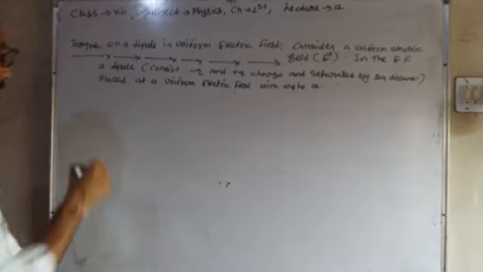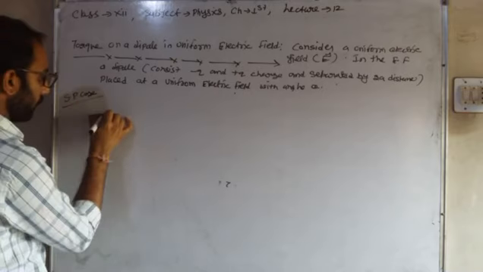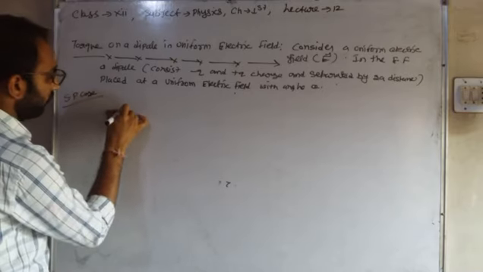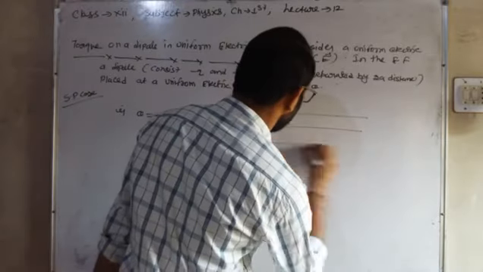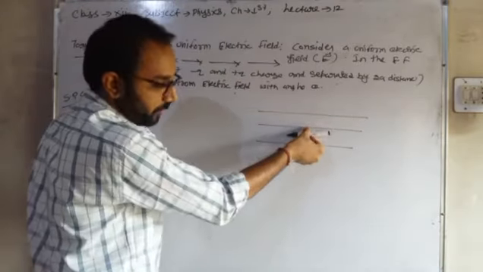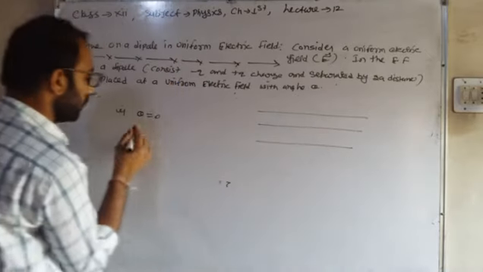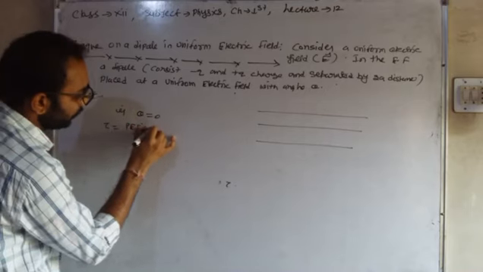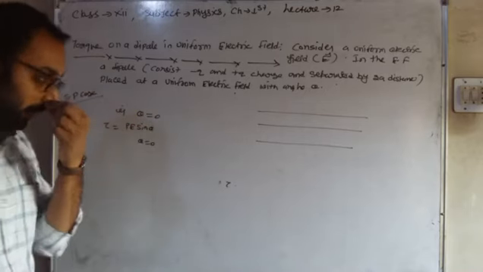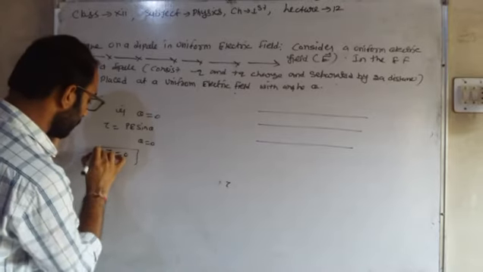Special case. If theta is equal to 0, it means the dipole is aligned along the field, because theta is the angle between the electric field and the dipole moment. Torque is equal to pE sin theta, theta is 0 and sin 0 is 0, so the torque is 0. This is a stable condition.